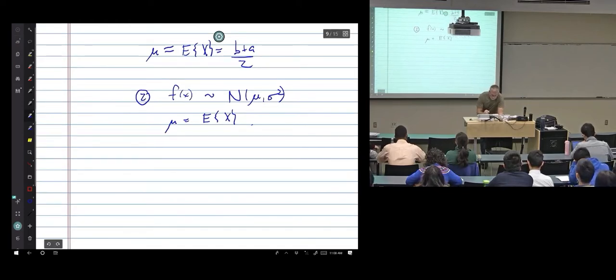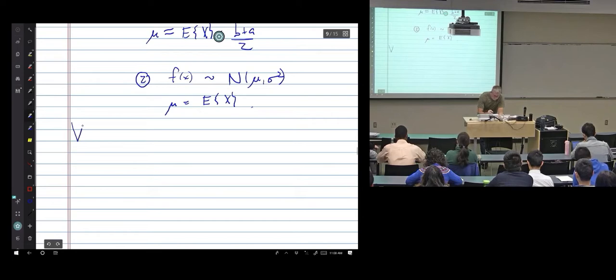The key thing we want is the spread, and that's called the variance of a random variable.